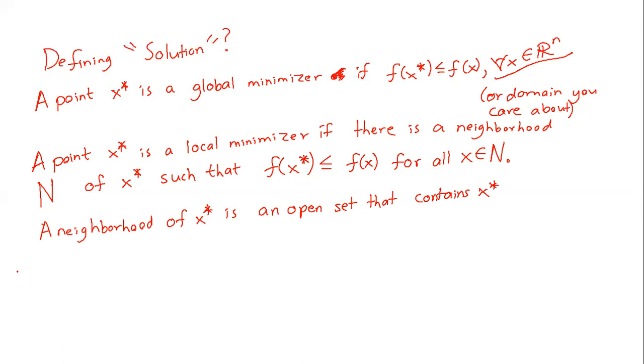So there we go. There's a difference, though. You can actually refer to minimizers as either strict or weak local minimizers. If it's like this, this will be a weak local minimizer. If this is going to be f of x star is less than f of x, that would be a strict local minimizer.